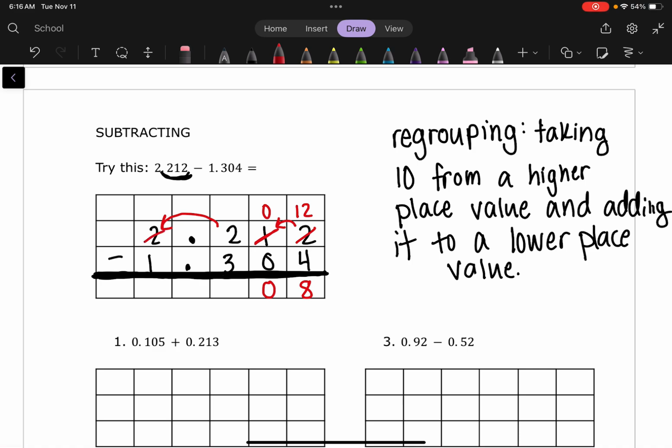The 2 says, of course I have 10s you can borrow. But I become a 1. And you, if you add 10 to 2, you become a 12. Okay, 12 minus 3 is 9. Bring down my decimal. 1 minus 1 is 0. So our answer is 0.098.